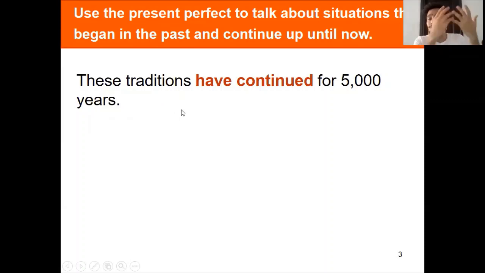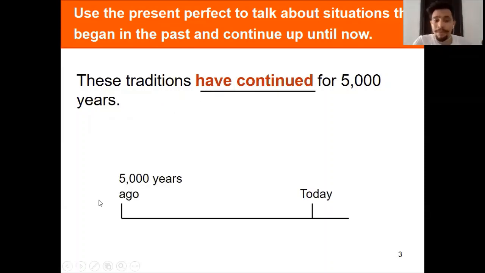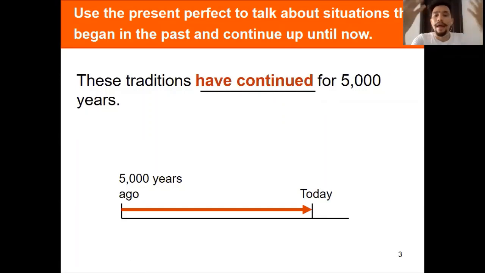The traditions started 5,000 years in the past, and today they still have this tradition, right? The action started in the past, and now today in the present, the action still happens. This is the normal present perfect that you know how to use.